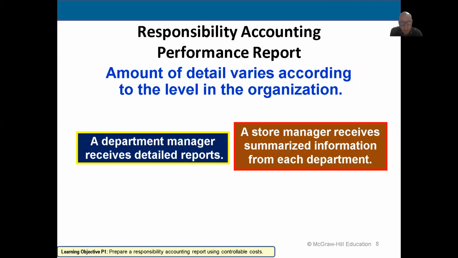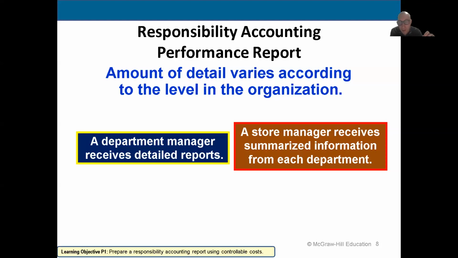The amount of detail we can see depends on how close the managers are to the products and to the customers. This is a very simple concept to understand. The department manager has the ability to see a granular level of detail for their department.